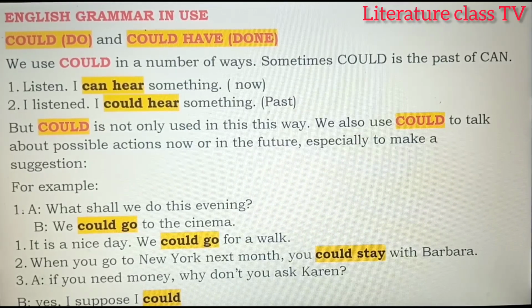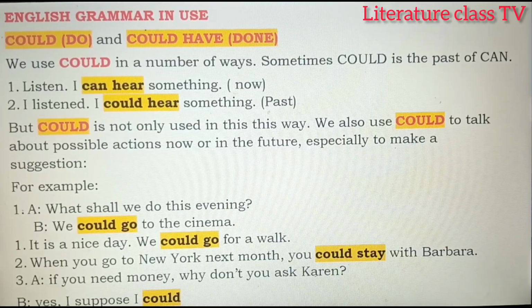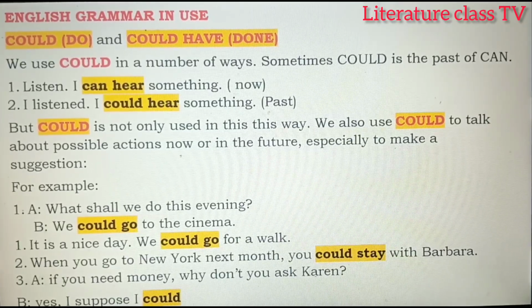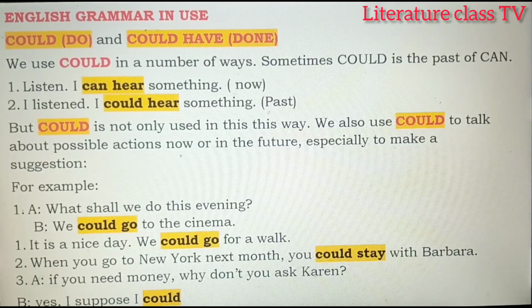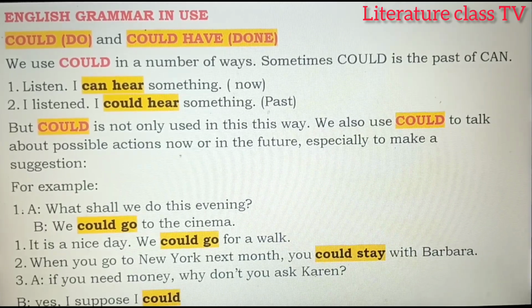It is a suggestion. It is not the final decision. It is suggesting, because in the evening, they don't have something to do. That's why, as a suggestion, in order not to be without doing something, they have a suggestion. They could go to the cinema.